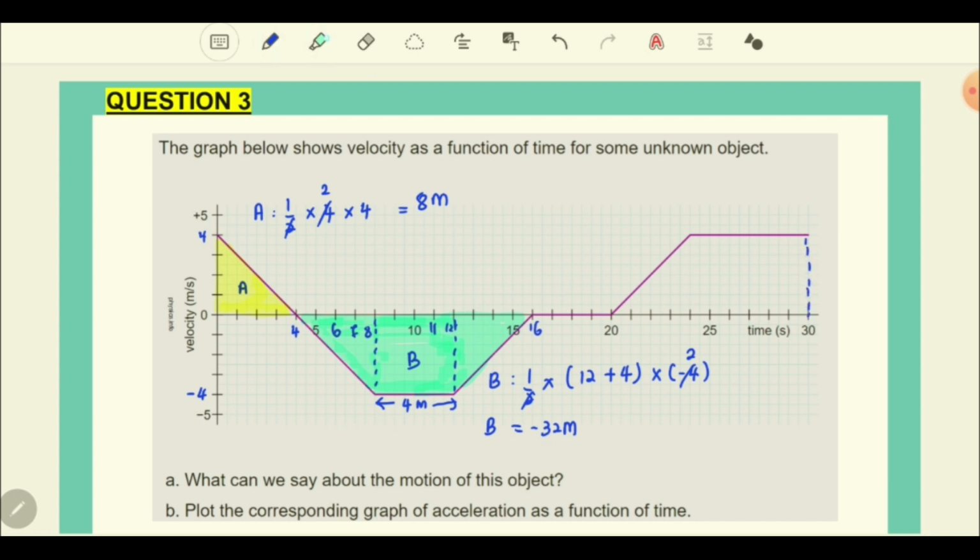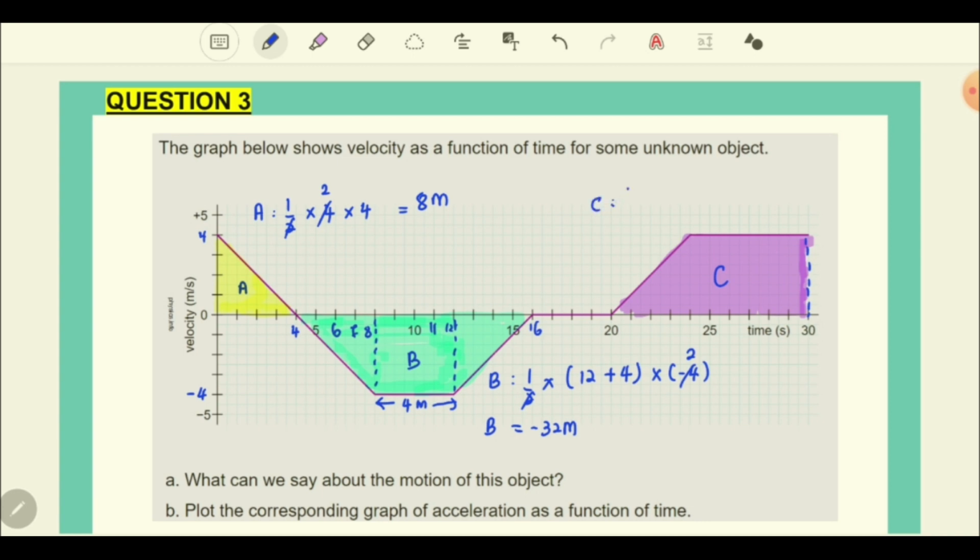Let's say C. So for C, we want to calculate C. It's also a trapezium shape.